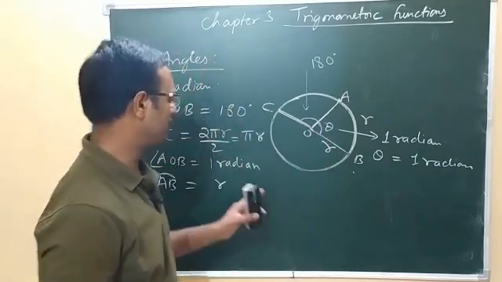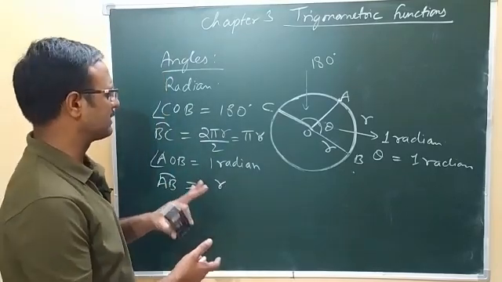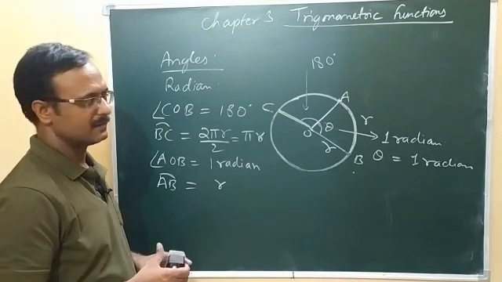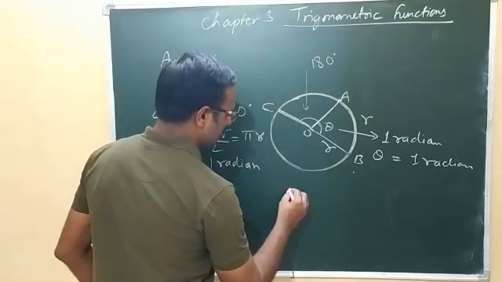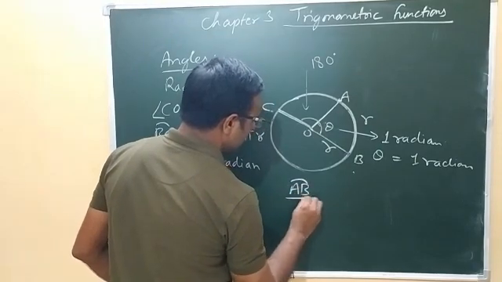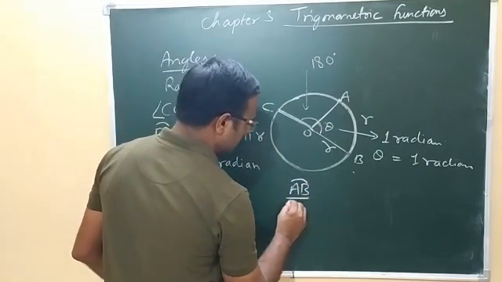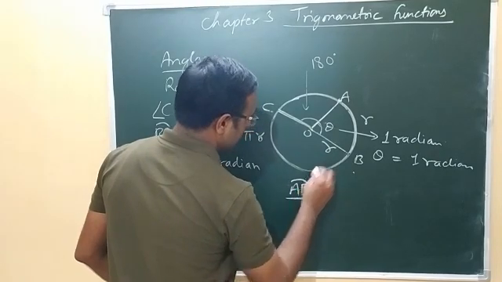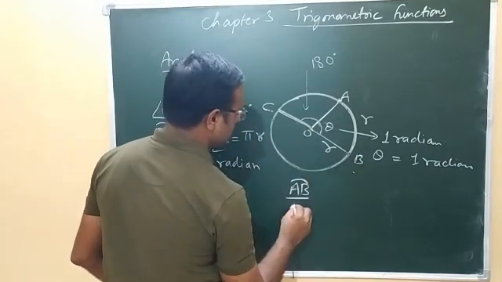Now here we are going to make the relationship between degree and radian. So here you can say arc AB upon arc BC.